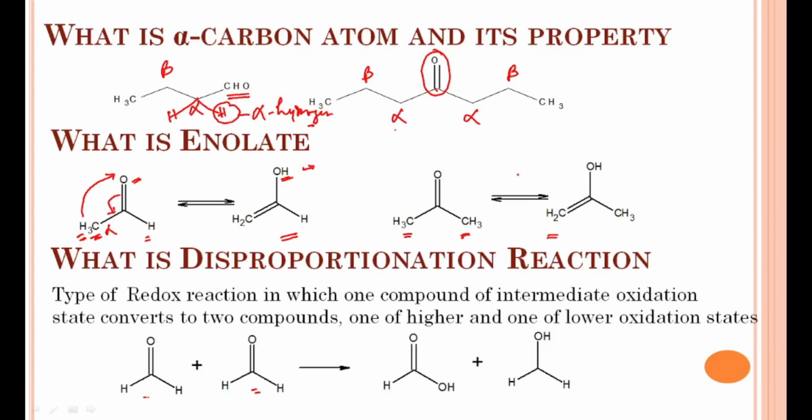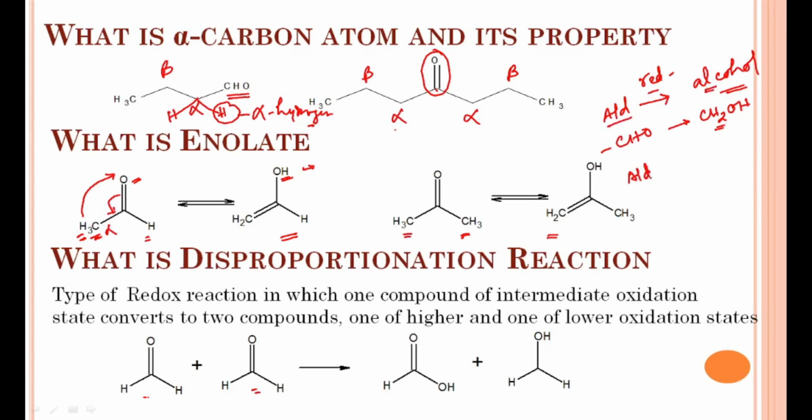So this is an aldehyde. If an aldehyde gets reduced, what does it form? It forms alcohol. That is, CHO gives CH2OH. You see that there is an increase of one hydrogen. So addition of hydrogen is a reduction. So if an aldehyde is reduced, it gives alcohol.